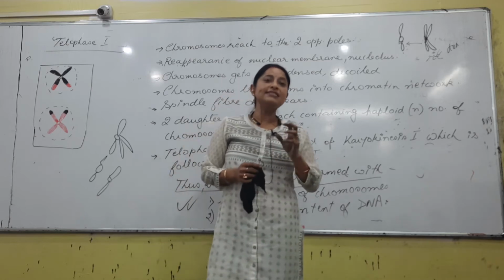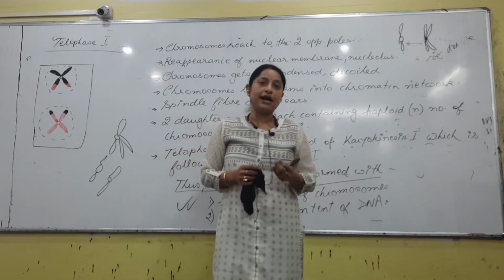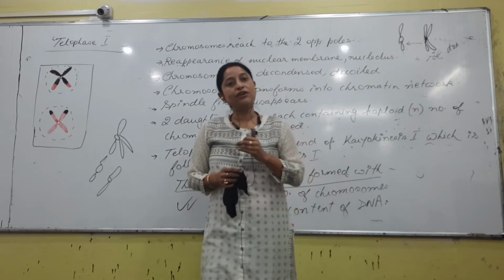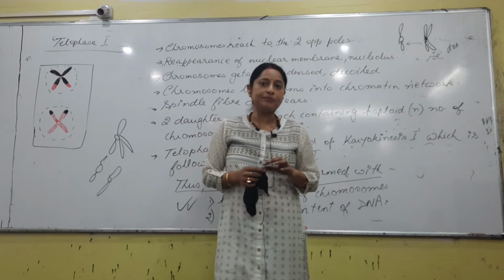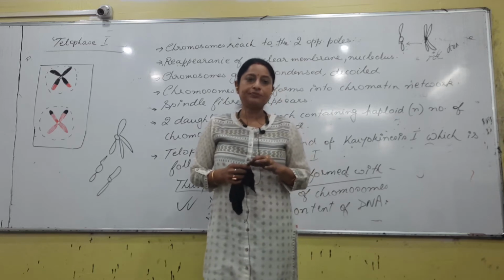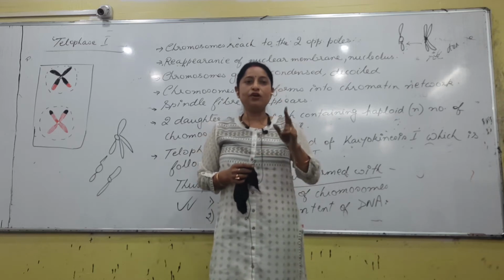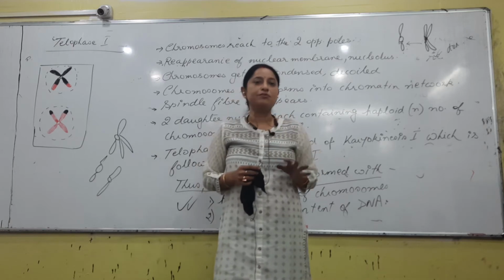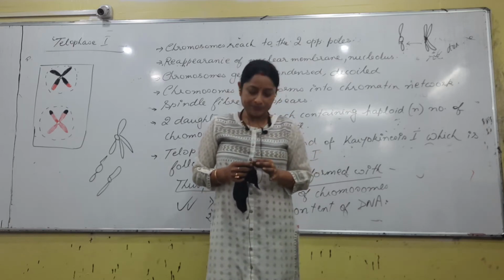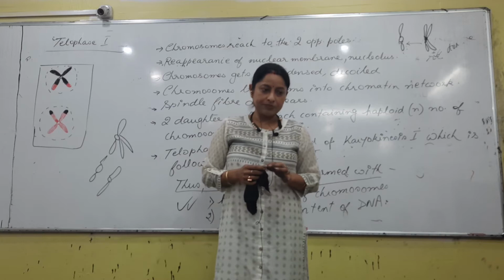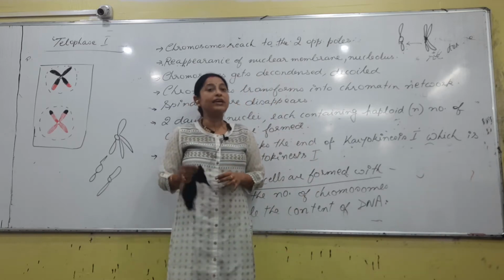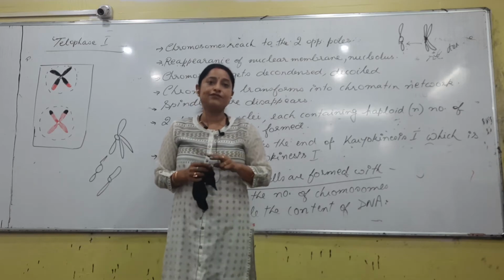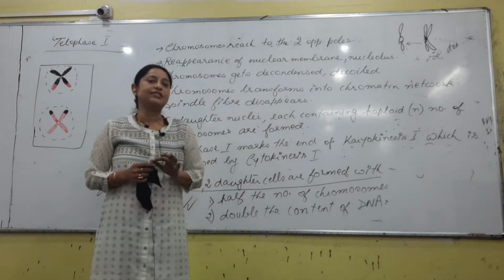When a human cell produces a gamete, whether we are talking about a male gamete or a female gamete, a gamete is always haploid. Yes or no? Haploid or diploid: two sets of chromosomes or one set of chromosomes? That is the definition. So we had a parent cell with two sets of chromosomes, and now we have obtained a daughter cell with one set of chromosomes. That is what is called reduction in chromosome number.